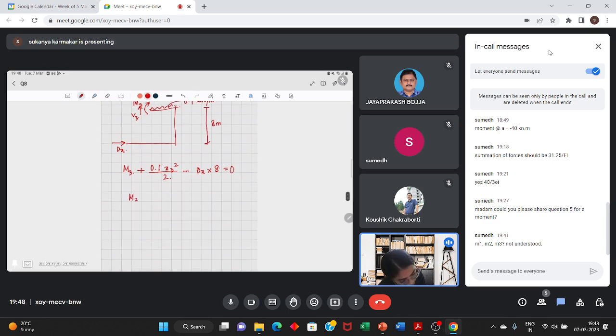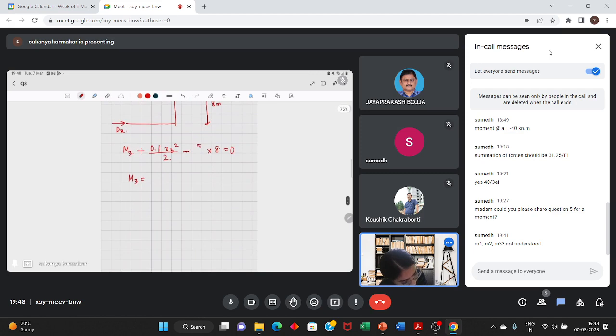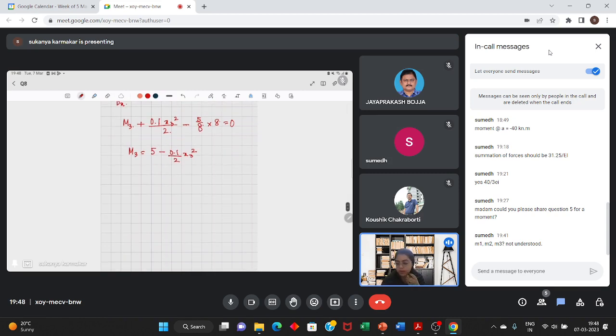So M3, with dx being 5 by 8, is 5 minus 0.1 by 2 x3 square. So this is done.